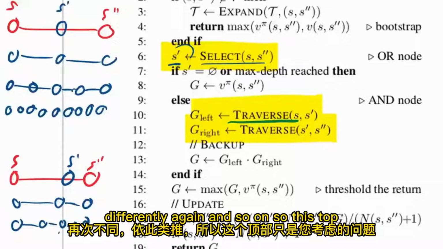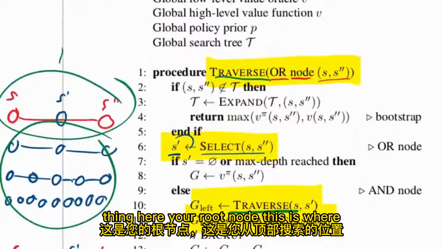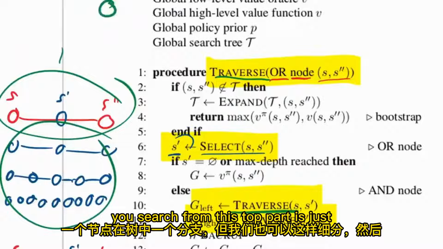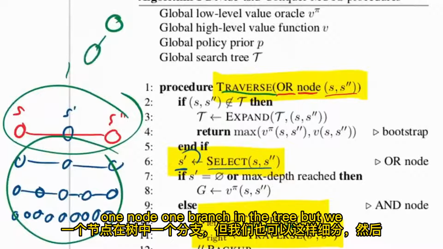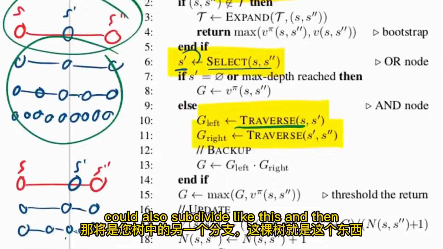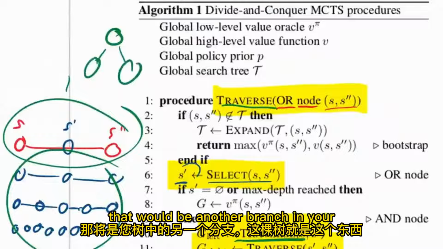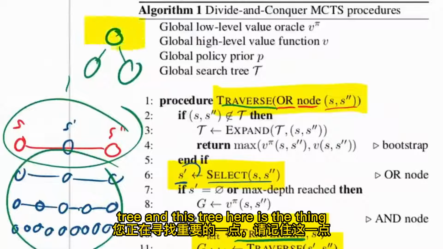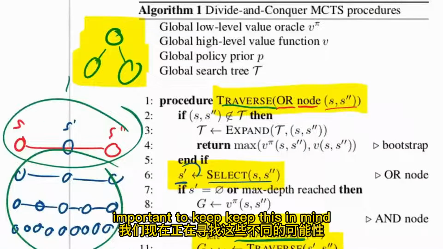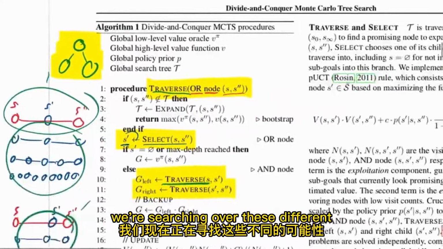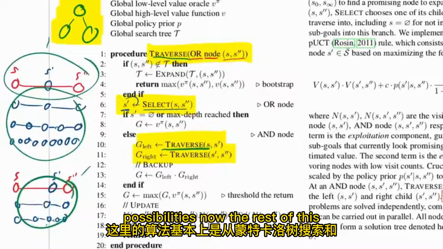So this top part here, if you consider this thing here your root node, this is where you search from. This top part is just one branch in the tree, but we could also subdivide like this, and then that would be another branch in your tree. And this tree here is the thing that you're searching over. It's important to keep this in mind. We're searching over these different possibilities.